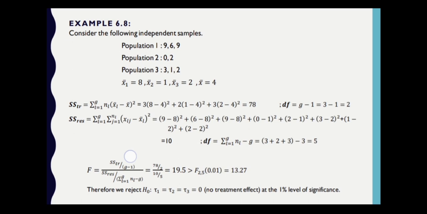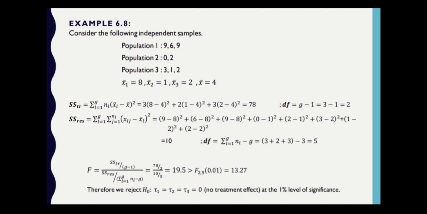Okay, given the population 1, population 2 and population 3, we have 3 population. So because of that, kita gunakan one way ANOVA because we have more than 2 population. Okay, so untuk population 1, we have the data is 9, 6, 9. Population 2, we have 2 observation. Population 3, we have 3 observation.